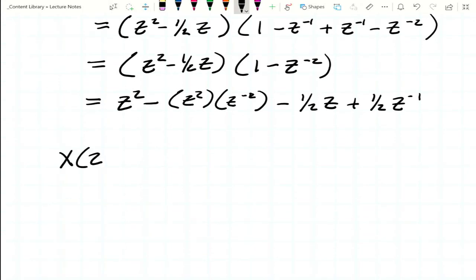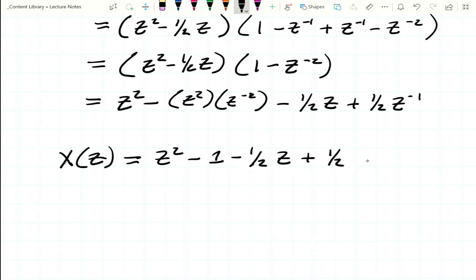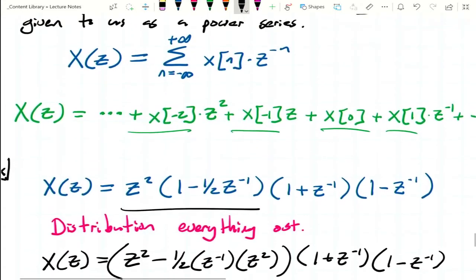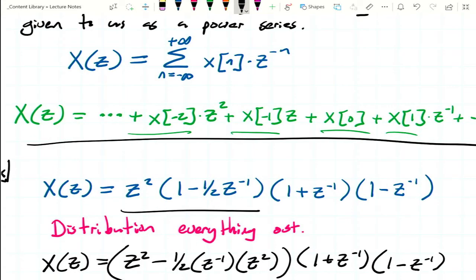So we distribute everything out, and we get x of z is equal to z squared minus 1 minus 1/2 z plus 1/2 z to the negative 1, which looks eerily similar to the expansion where we broke it all out the long form way.